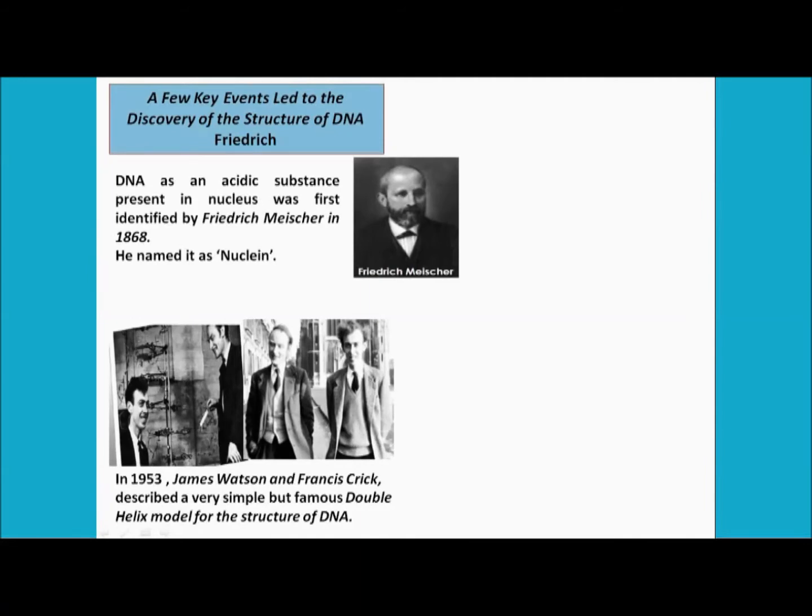So they put forward the double helical model. But once they put it forward, they also needed some scientific background, right? Apart from these two great scientists, there are a few more scientists who helped them come to a concrete, rigid conclusion that the DNA has a double helical structure.